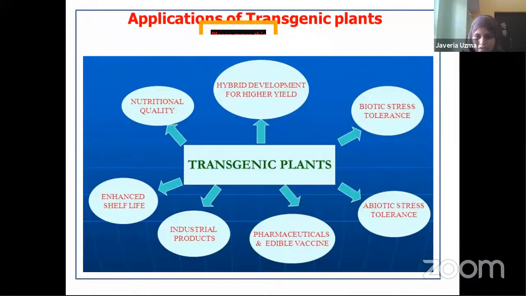Then if you have drought, there will be no water, due to which the plant mechanism gets disturbed. When the plant gets disturbed due to drought, there will be no water availability to plants, and hence plants will dry and ultimately die. So that will be avoided if you introduce certain genes which are drought tolerant.